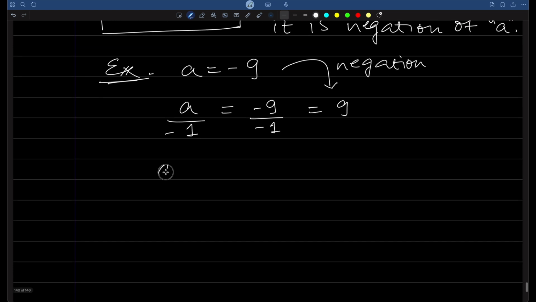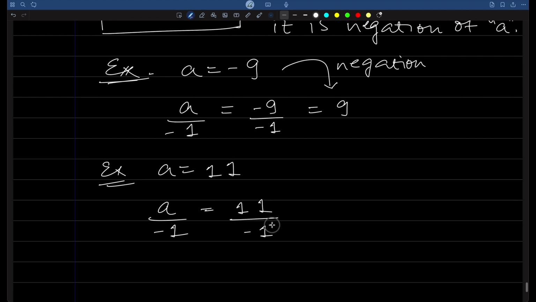If we take a equals to 11, then a divided by minus 1, that is equals to 11 divided by minus 1, that is equals to minus 11, which is negation of 11.